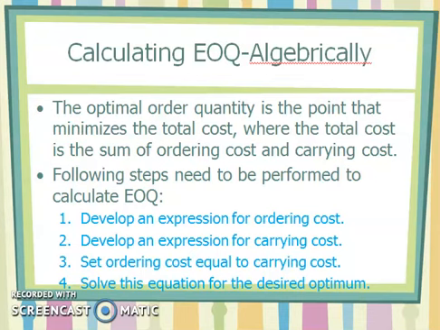The steps that need to be performed to calculate EOQ: the first step is to develop an expression for ordering cost, and second is to develop an expression for carrying cost. Third is to set ordering cost equal to carrying cost, as we know that EOQ will occur at a level where our ordering cost is equal to the carrying cost. In the last step we need to solve this equation to get the desired optimum quantity.